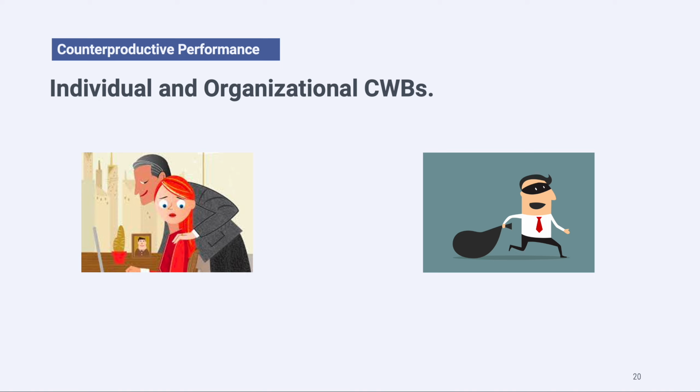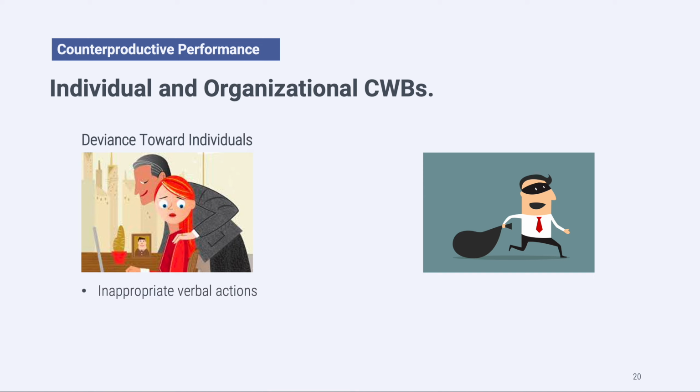There are different types of counterproductive performance. And again, different terminology here. You might have heard the term CWBs, which stands for counterproductive work behaviors, or CWBs for short, because that is a whole lot to say. So CWBs can actually be differentiated based on individual and organizational. When we're talking about individual CWBs, these are acts or behaviors that are directed toward other individuals.